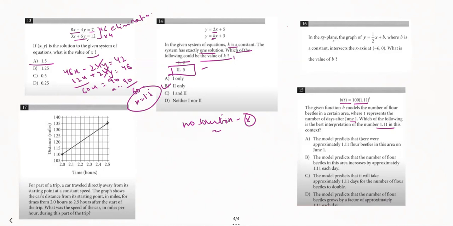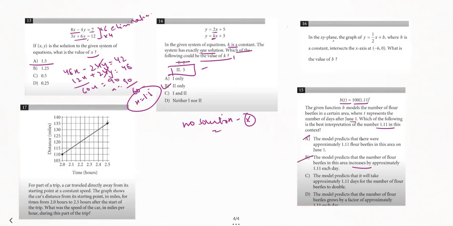Same thing that we apply for compounding, same formula. So if we read it, the first one says the model predicts that there are approximately one in this area. And no, it does not. Right, next we have the model predicts that the number of flower beetles increases by approximately this, not each day.